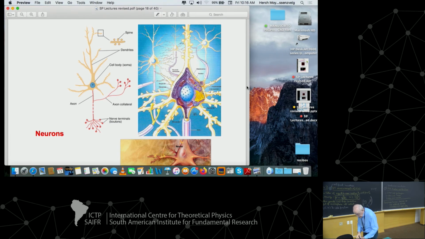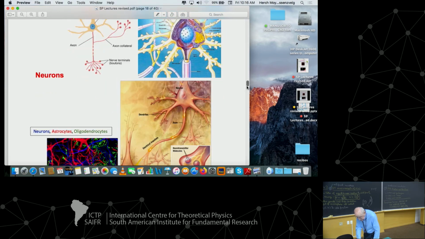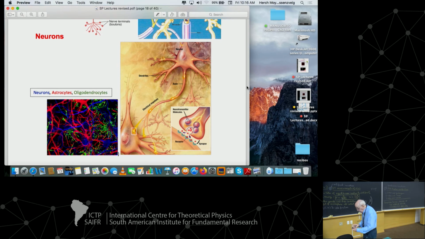And another image, or rather a picture representation, is here, where you see a very important feature, how the connection takes place, okay? Well, here it is, this connection is between the axon and the receptor in the other cell.